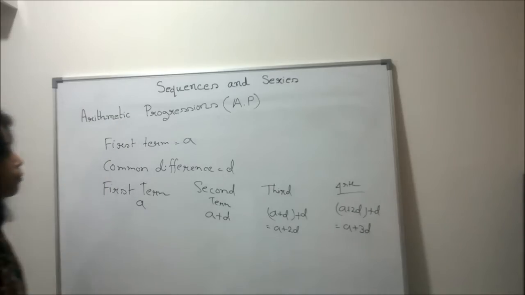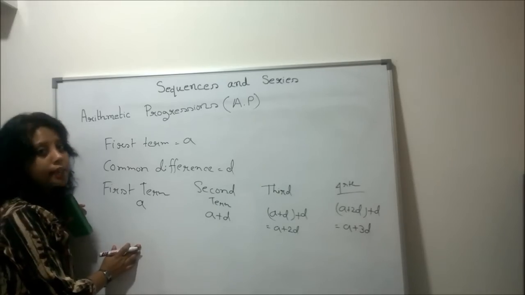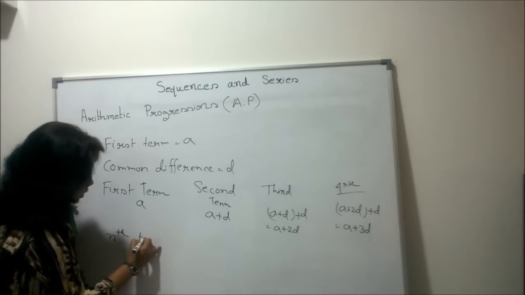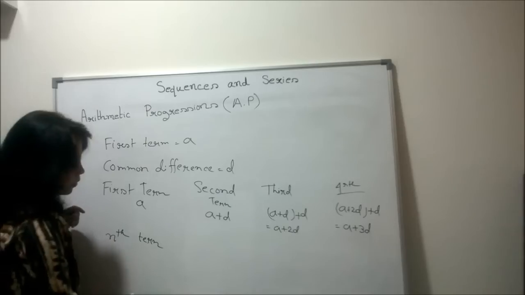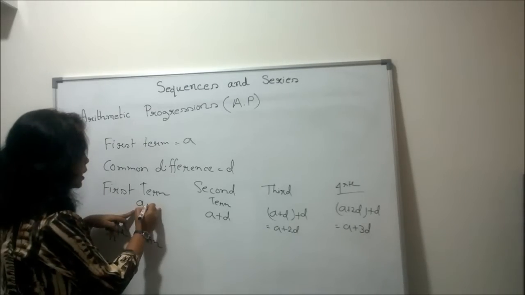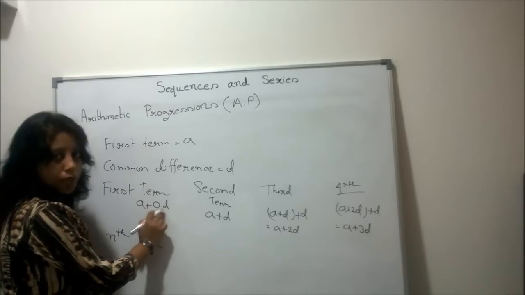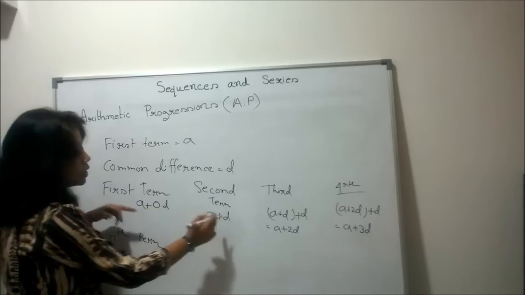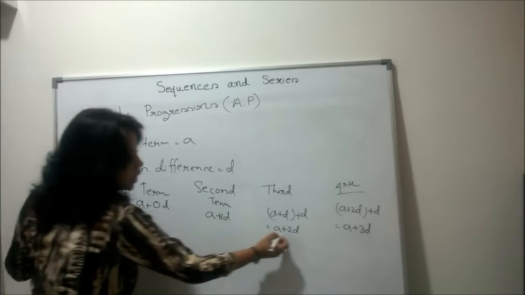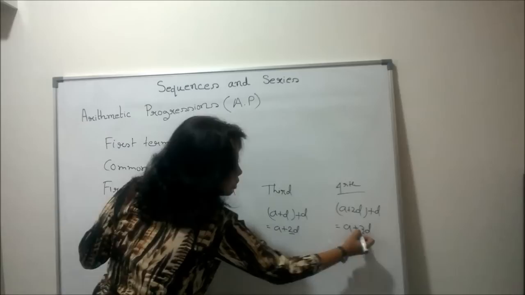So from here we can conclude what our nth term will be. For the first term we can say A plus 0D, so there is no term of D. For the second term that is A plus 1D. For the third term that is A plus 2D. For the fourth one that is A plus 3D.